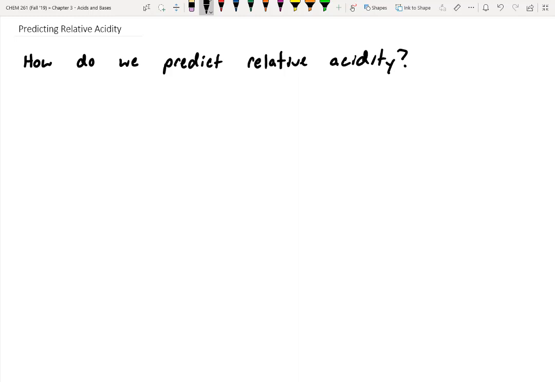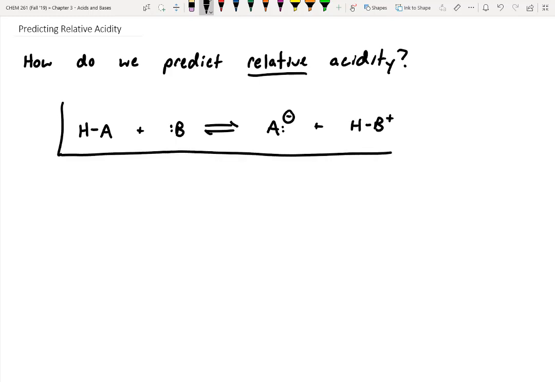And like I said, this is what happens when you don't have a pKa table. All right, just like before, we would say, I've got my acid, I've got my base. This is going to be in equilibrium with my conjugate base and my conjugate acid. This is our general equilibrium that we look at.